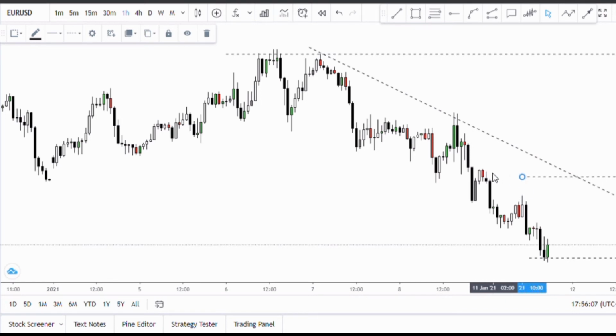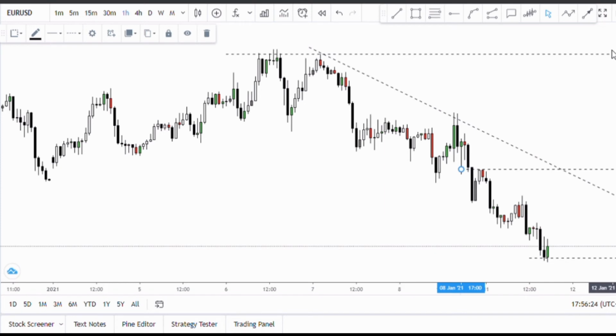But if price comes all the way up and breaks our trend line or breaks the high of correction 2, then price is in an uptrend. So price has to come all the way up, break this high, and then price is in an uptrend. But right now it's 1, 2, 3. So right now we have 3.